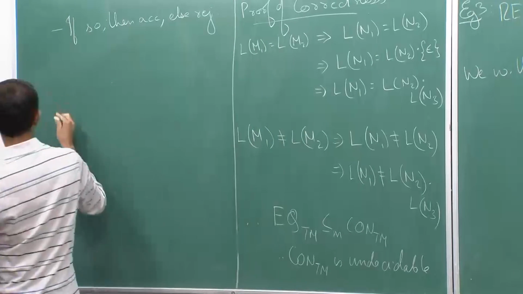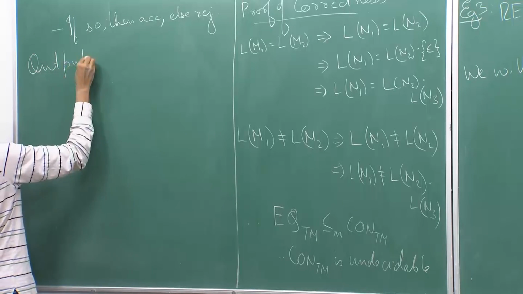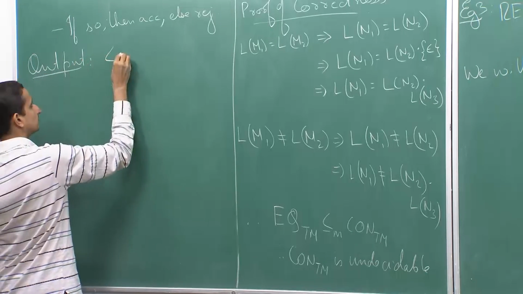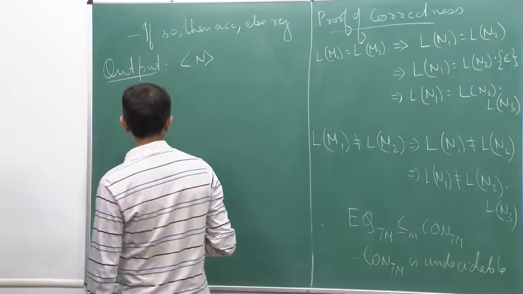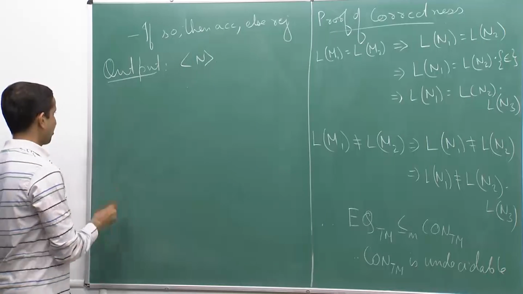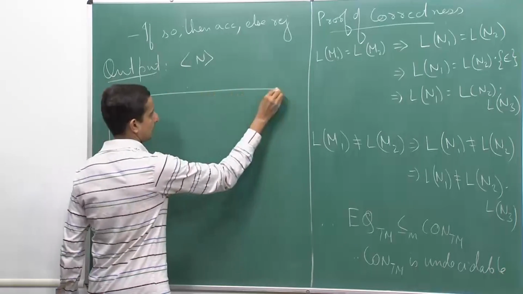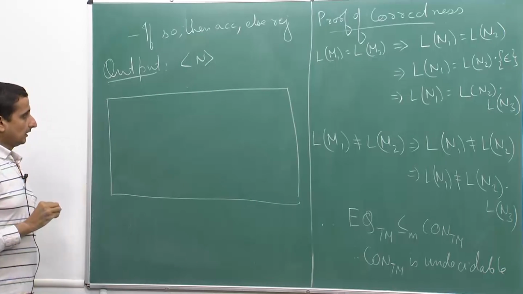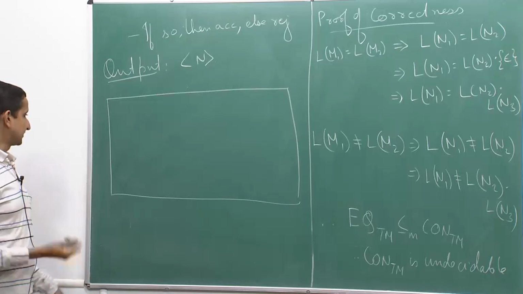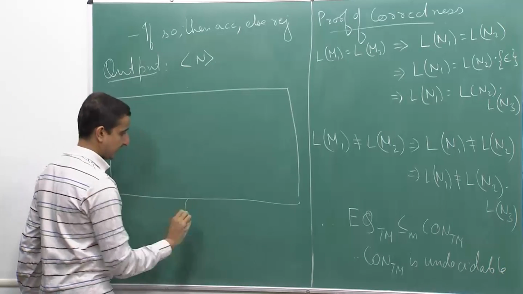And our output is the machine n. Now, if I want to give a box, a diagrammatic picture of what is happening, this is my reduction f.